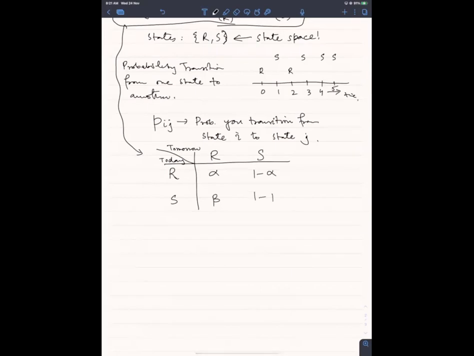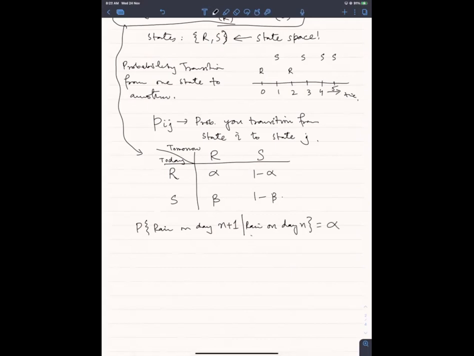Similarly, beta and 1 minus beta. Okay. So the probability of rain on day n plus 1, given that you have rain on day n, is equal to alpha.